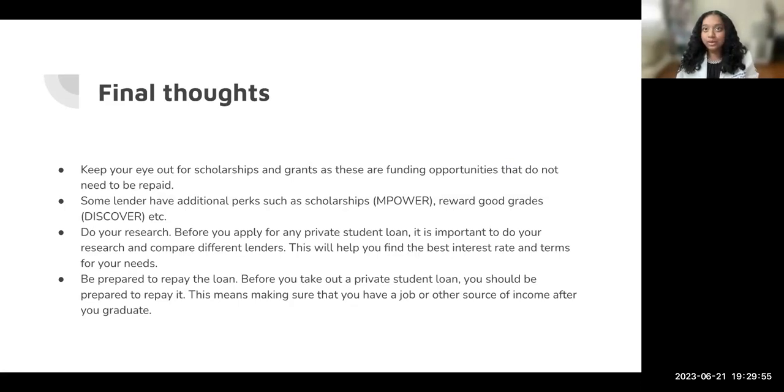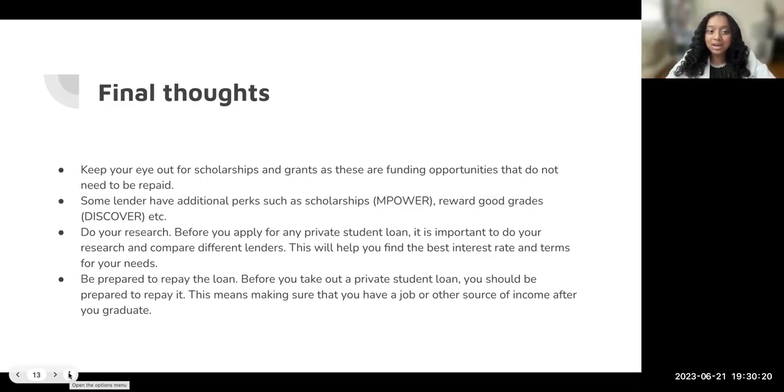Student loans are things that we have to eventually pay back because we're borrowing, right? But there are some very rare scholarships for international students. Even though it's really hard to find them, keep an eye out for them. There might be internal ones from your school that you might be eligible for. I also know that Empower has certain scholarships, and Empower is also one of the lenders.